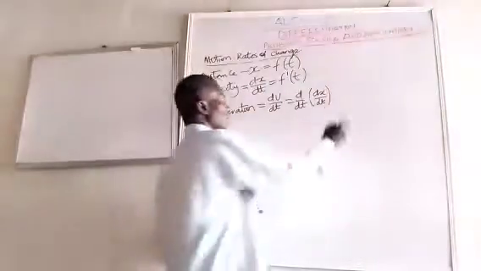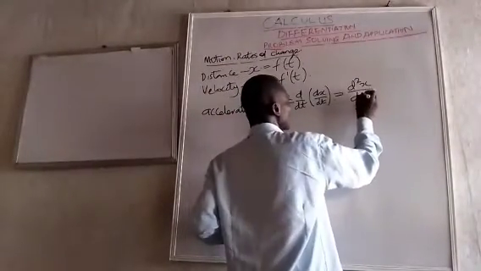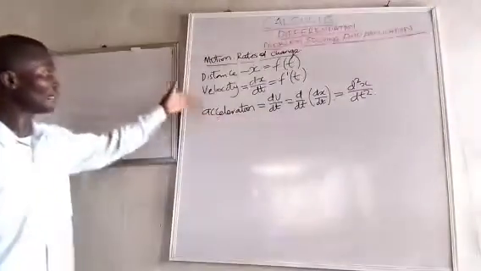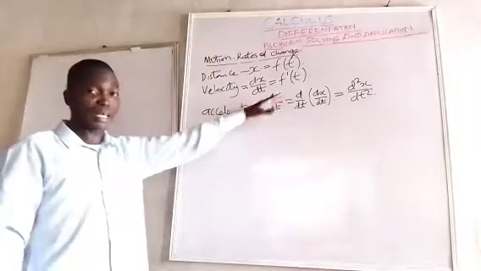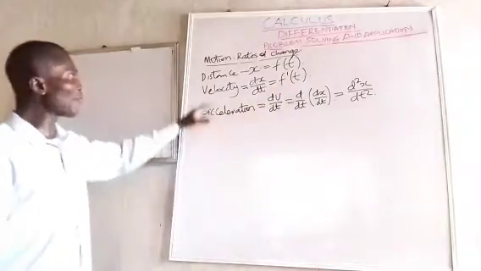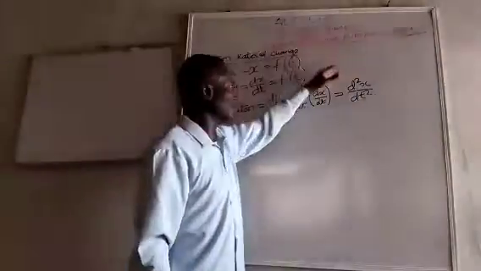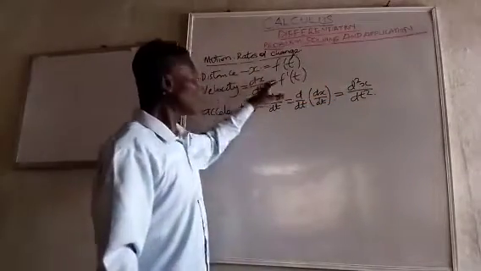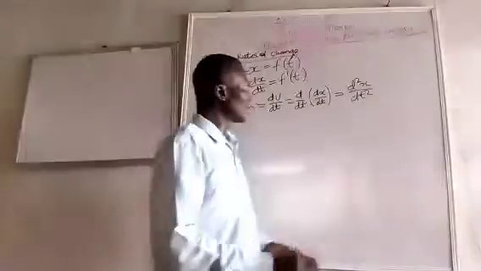You can see, that means it is d²x/dt². So you can see, just like the application of the second differential. So if I can use an equation to express this in terms of t, it means I can say this one is dx/dt, and this one too will be d²x/dt².